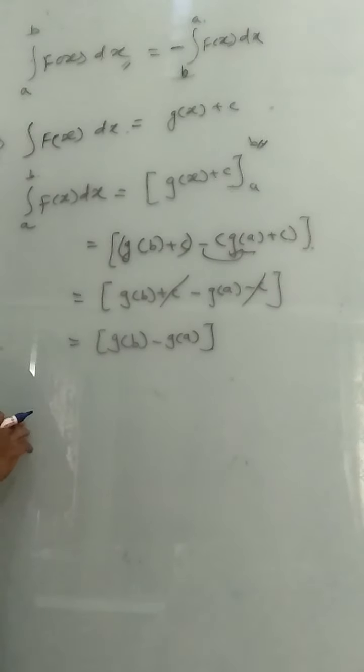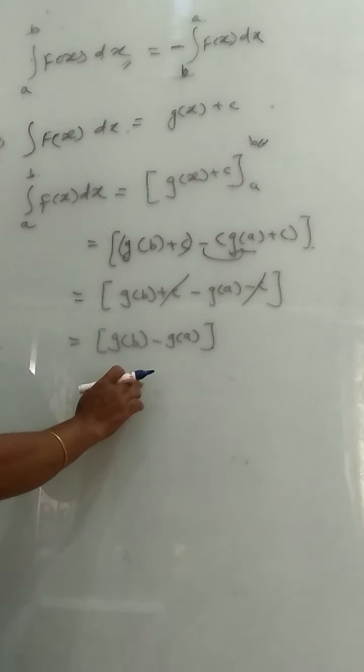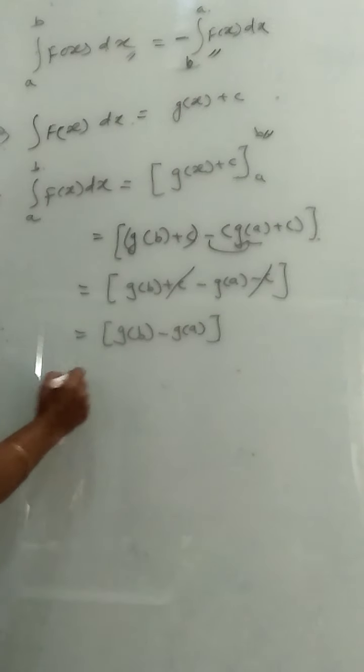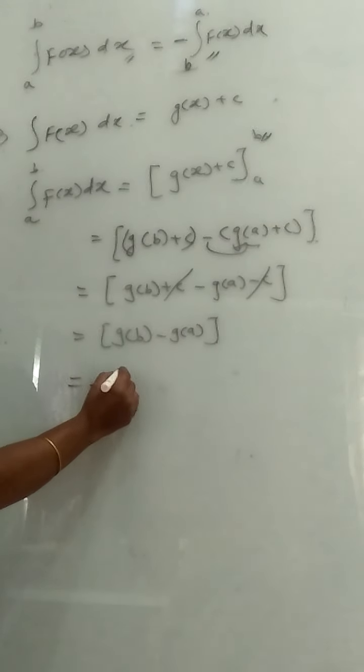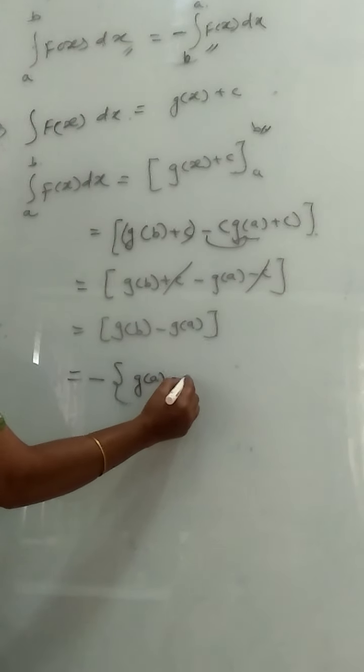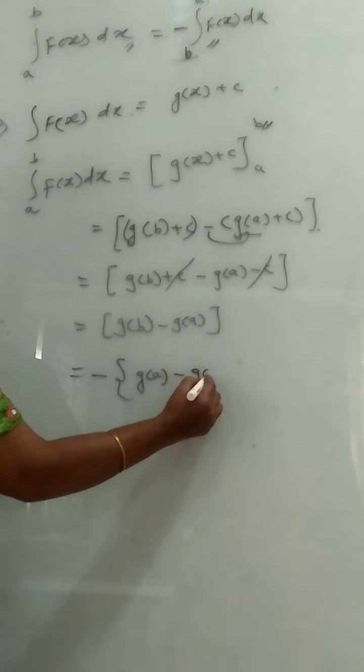Here the remaining term is integration of g of x from a to b, but we have to show it as f of x. Here take minus common and our term is g of a minus g of b.